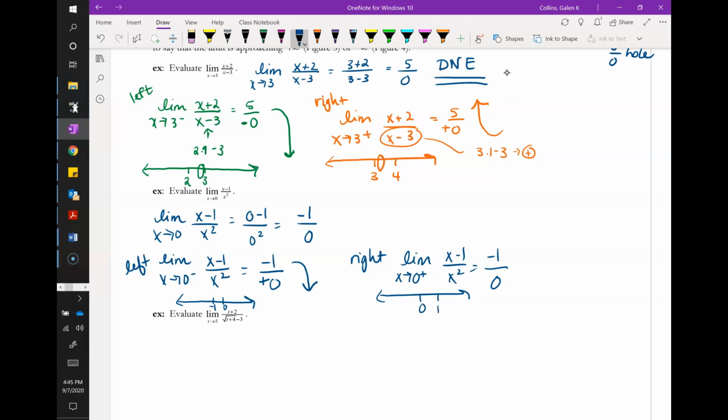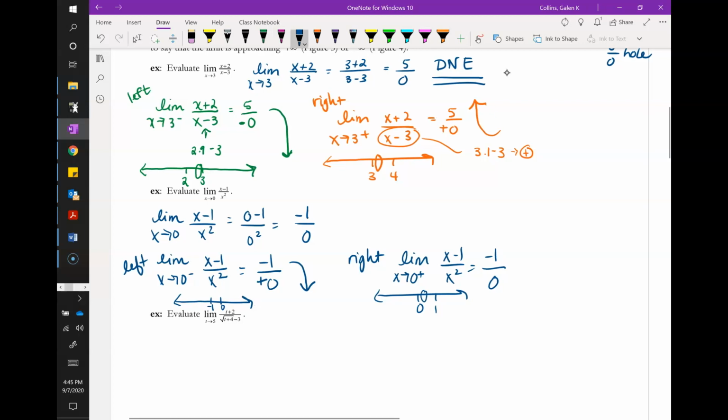I could use 1, but again, I really want to stay closer to 0. So let's imagine positive 1/10. If I square positive 1/10, because the denominator is x squared, I get a smaller number, but it's still positive 1/100th.